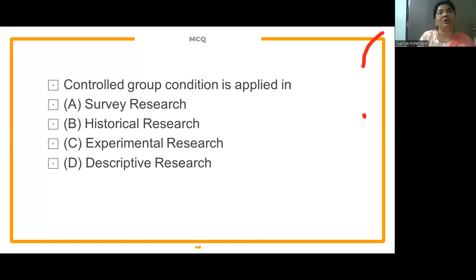We do not have to manipulate it. We do not have to find out our own outcomes. We have to find out the conclusion as it is from the data. Okay. So this does not come under the control group. The survey research will not come under the control group.